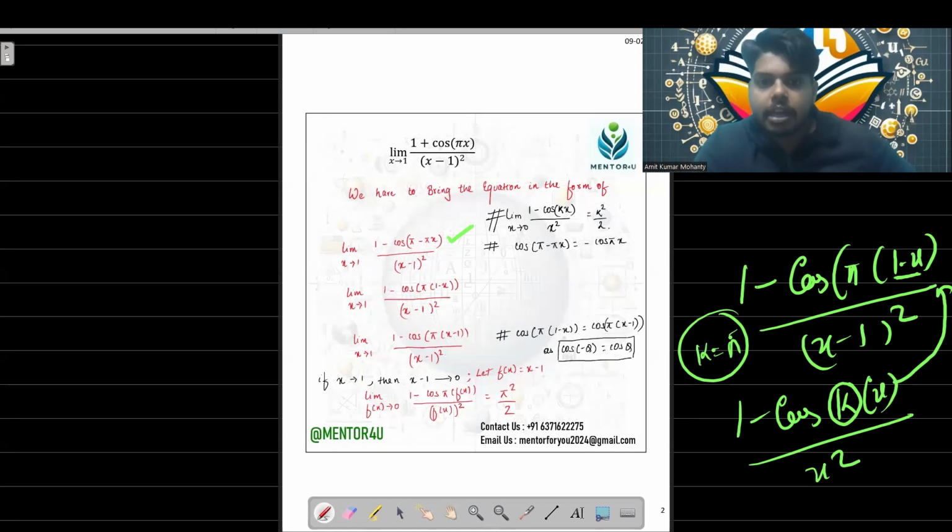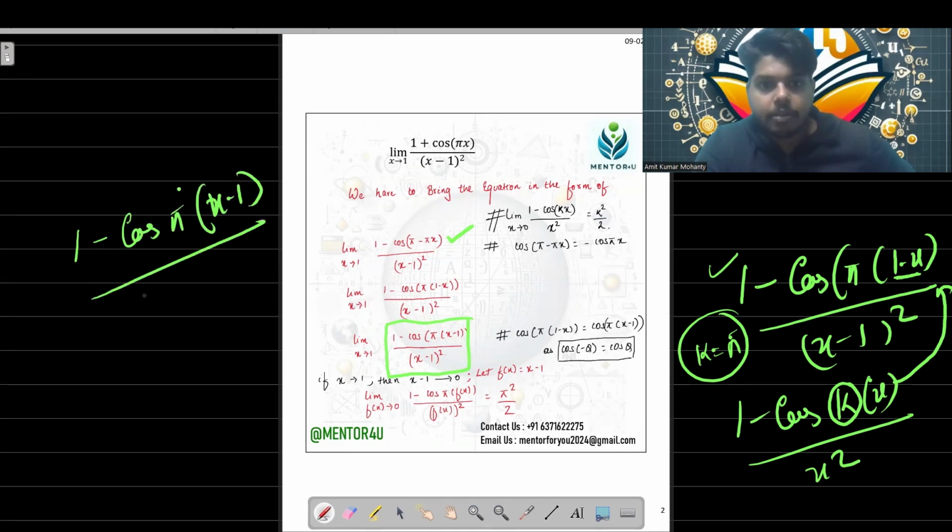Now, if you look at this expression, the format has been reduced already. What is my answer in this format? It is k square by 2. So we have 1 minus cos(π(x minus 1)) divided by (x minus 1) whole square. Either you can write it as x minus 1 or as 1 minus x, it is fine.